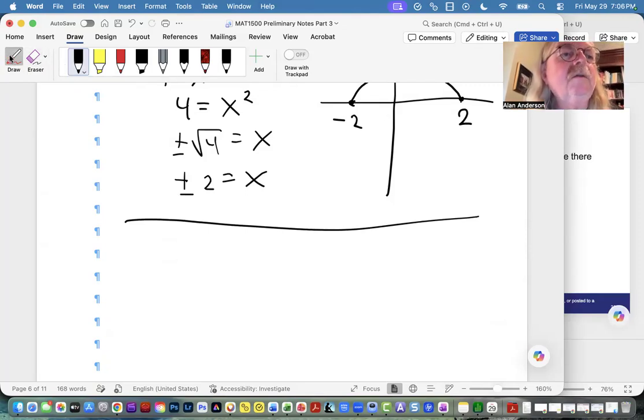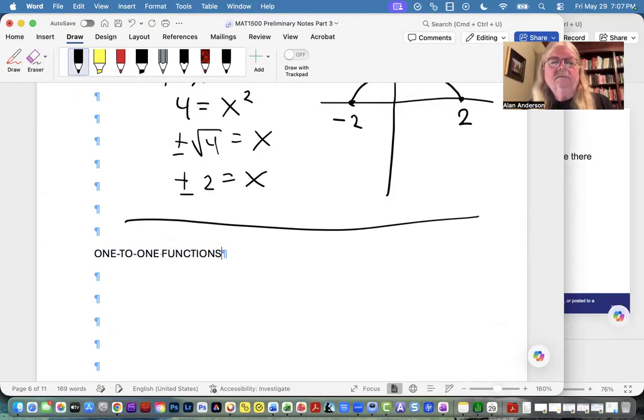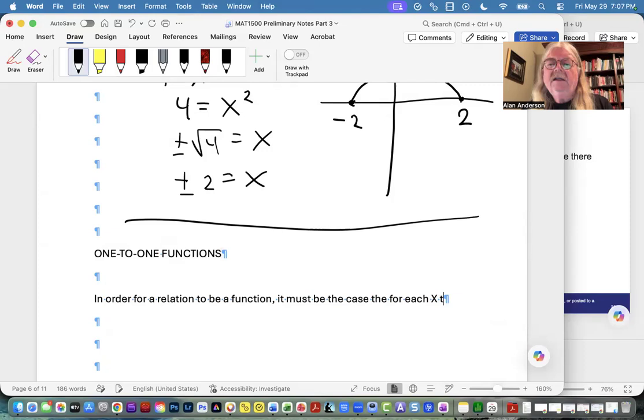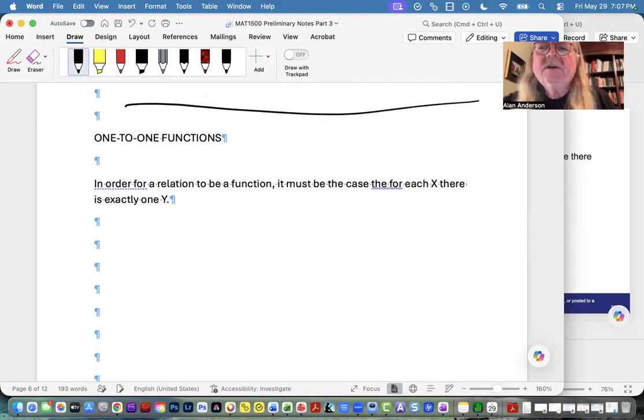Normally with a function, in order for a relation to be a function, we already know that for each x there is exactly one y. Now let me show you an example of this real fast.